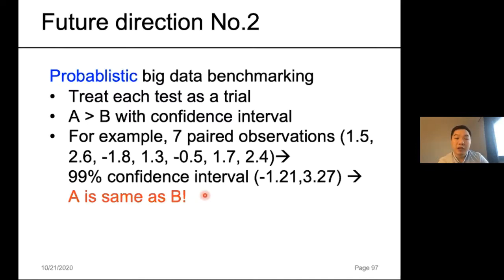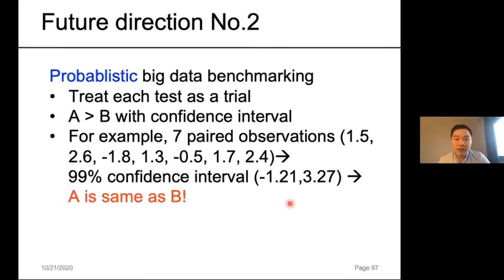For example, given 7 paired observations of, let's say, latency results between A and B, we can do a t-test to get a 99% confidence interval between -1.21 and 3.27.